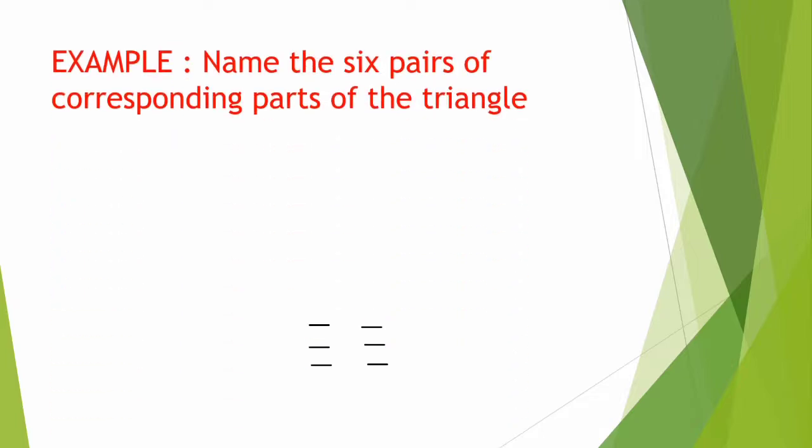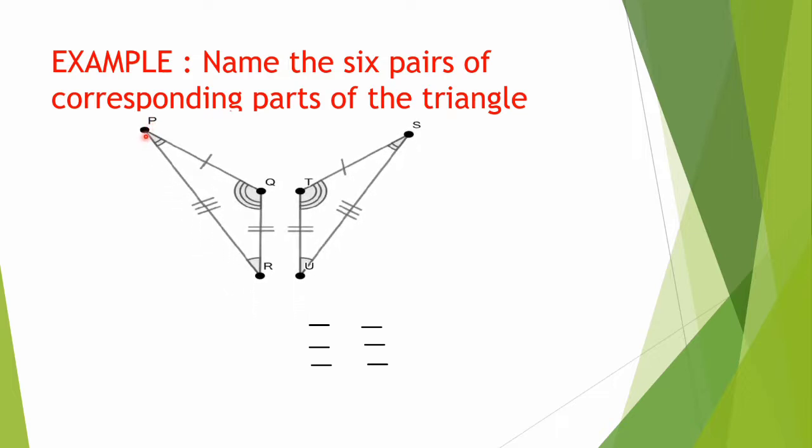For example, name the six pairs of corresponding parts of the triangles. We have here triangle PQR and triangle STU. What are the corresponding angles and corresponding sides of these triangles?